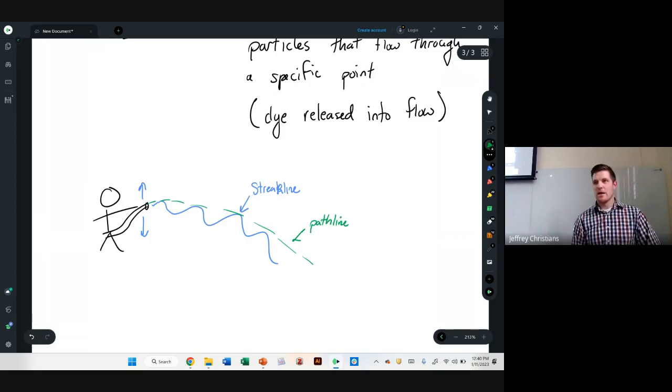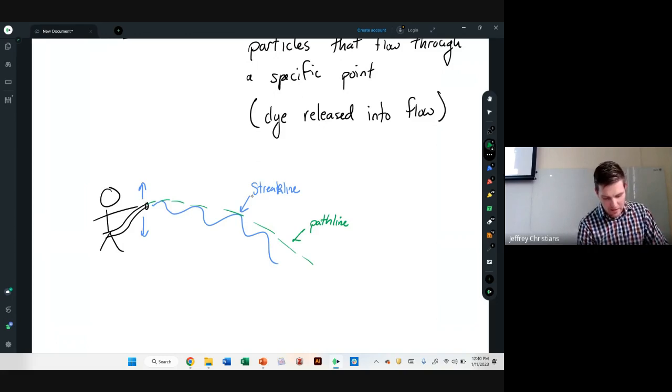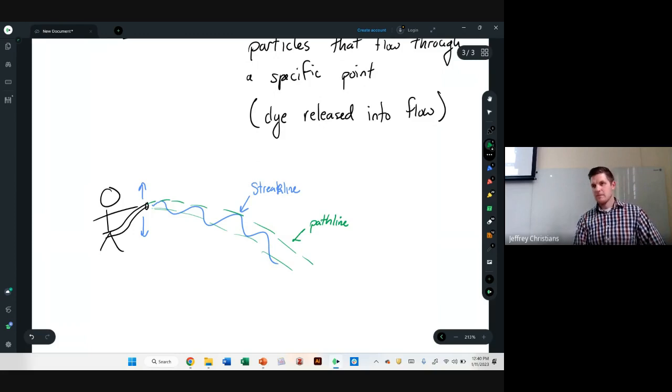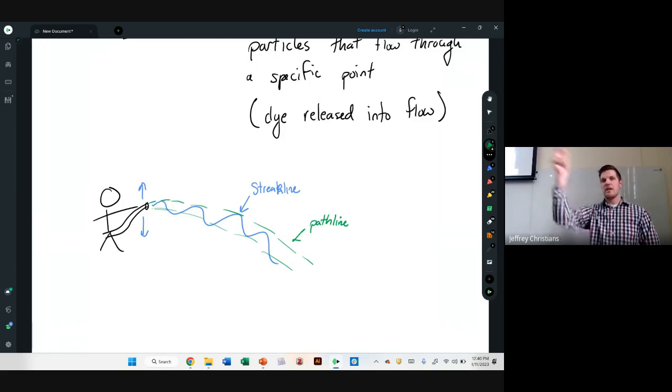That would be one path line. And there would be another path line down there and another one in the middle, because each individual particle still is following a parabolic path. So you can see maybe how these things can be different.